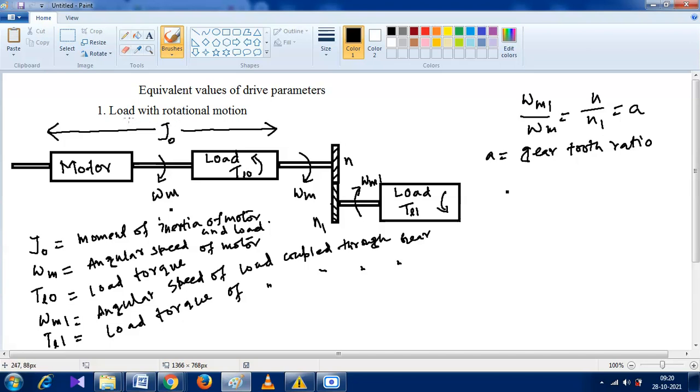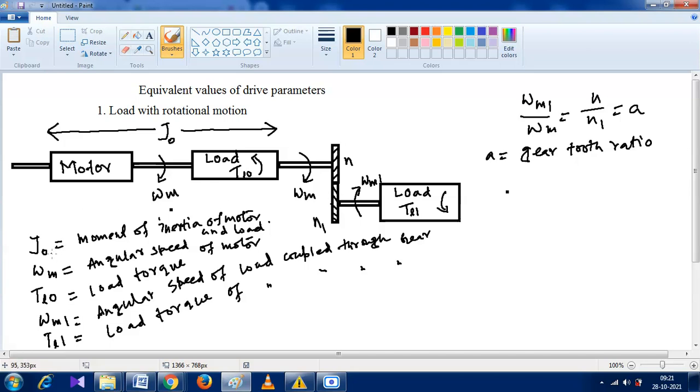First, we consider loads with rotational motion, and we are taking a motor and a load directly coupled, and another load coupled through a gear system. The gear ratio is called a, where the first gear tooth count is n and the tooth count of the second gear is n1.